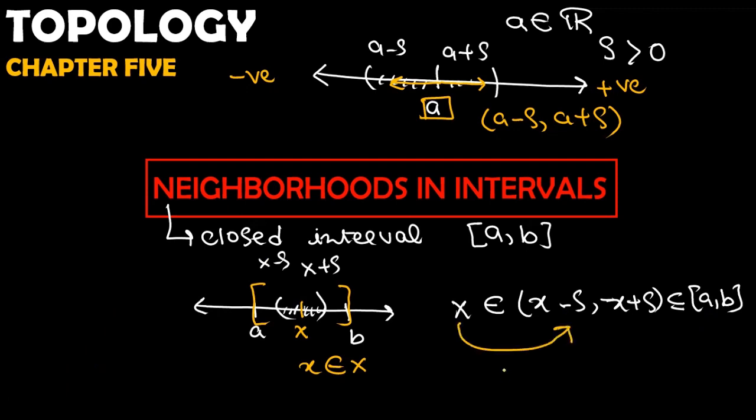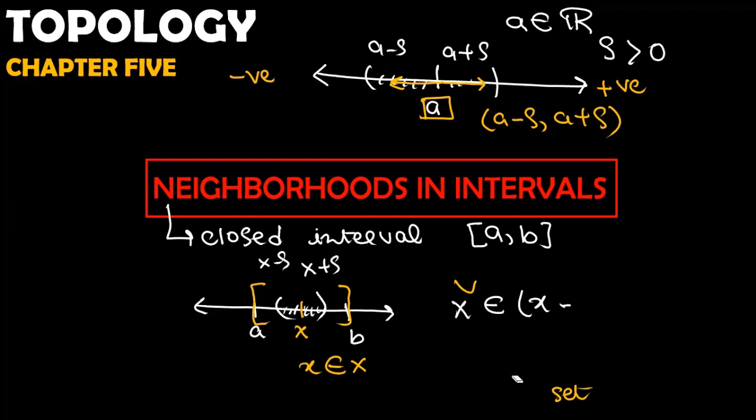Remember that every open interval is an open set. I have found an open interval of x in the closed interval, so this closed interval is a neighborhood of x. We made this closed interval a neighborhood of x by finding an open set between them.